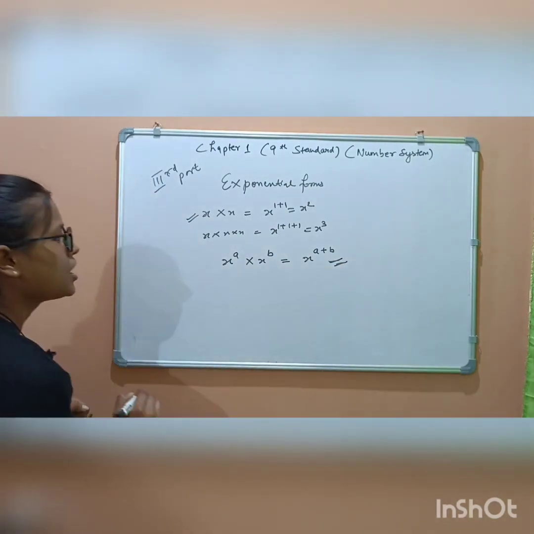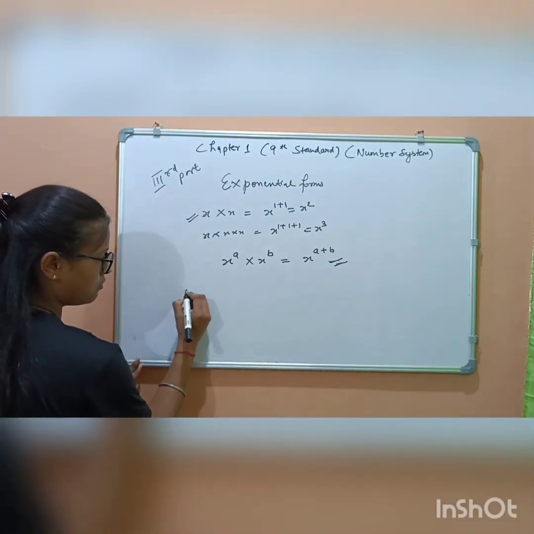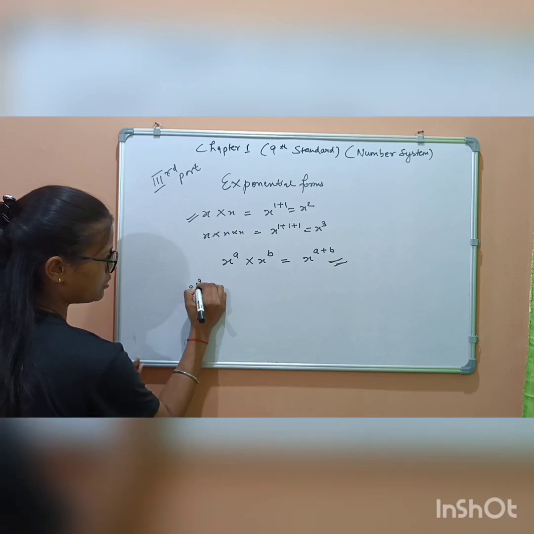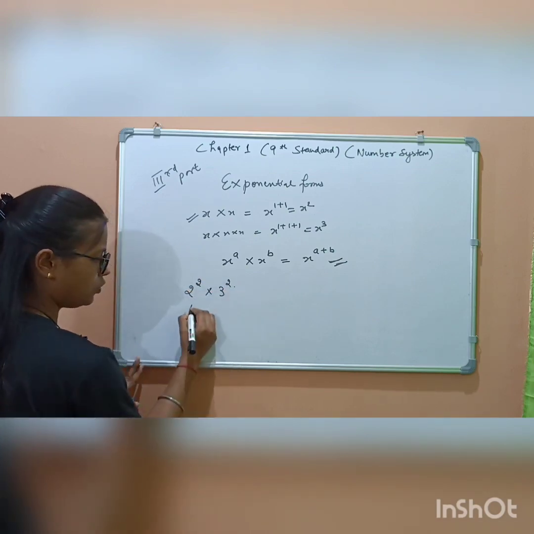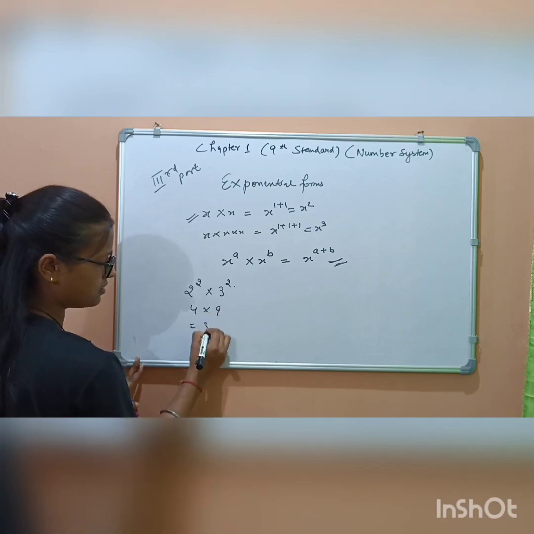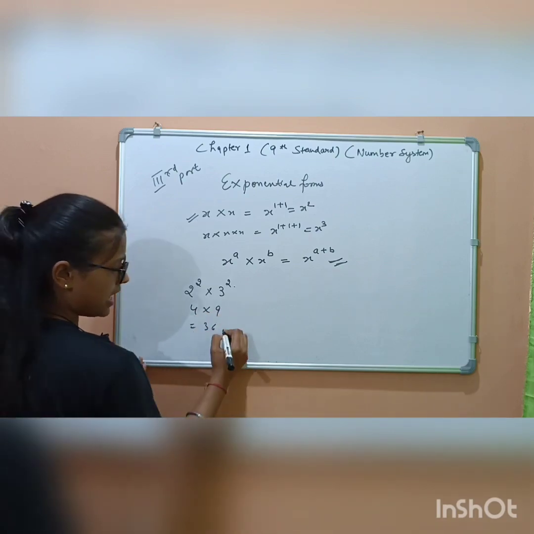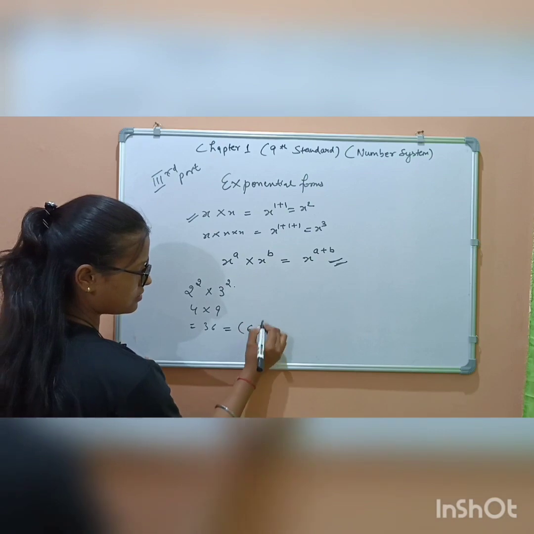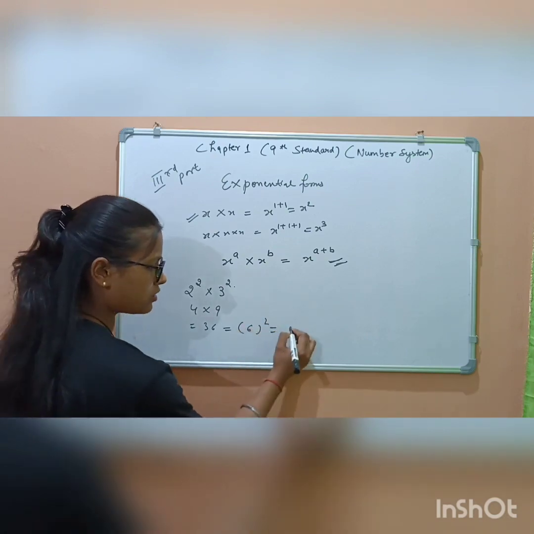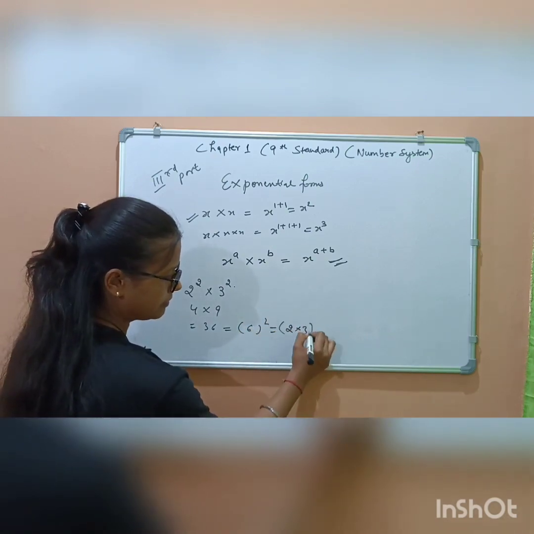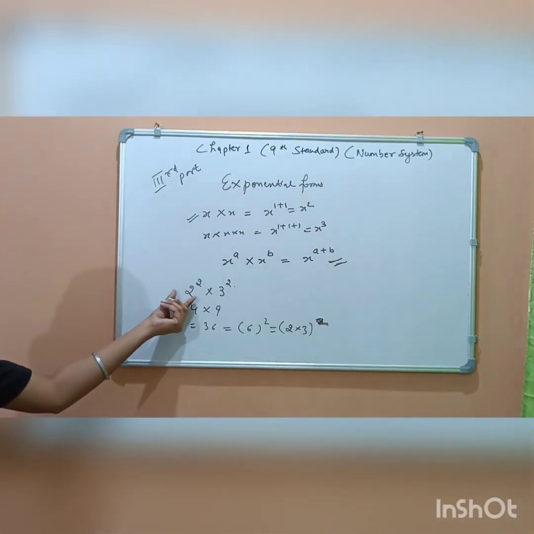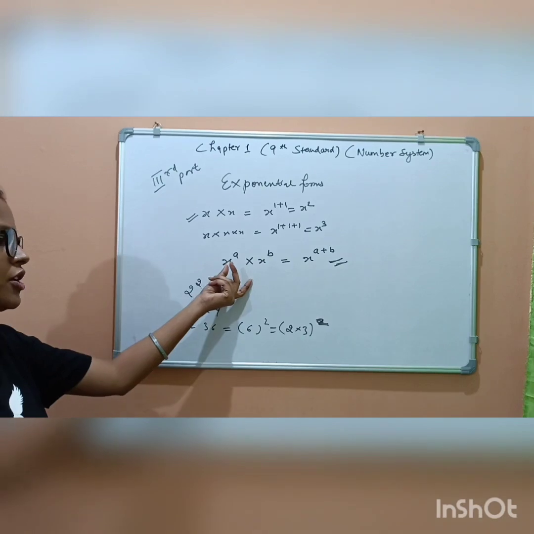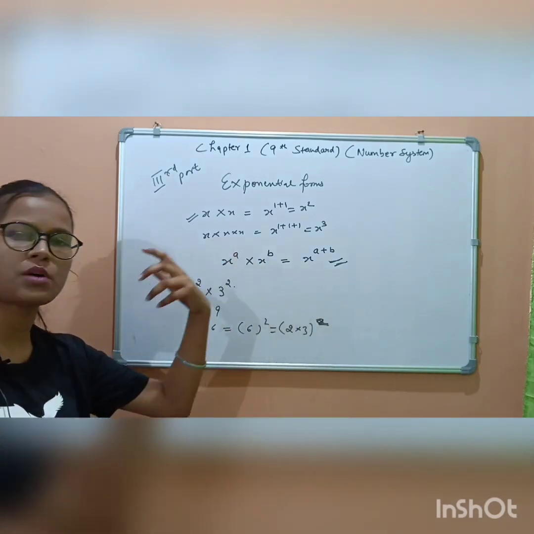One more thing. If I multiply 2 raised to power 2 into 3 raised to power 2, you will get 4 into 9, that is 36. Okay? And 36 is what? 6 square. And 6 is what? 2 into 3. Clear? So 2 raised to power 2 into 3 raised to power 2 is the same as 2 into 3 raised to power 2.